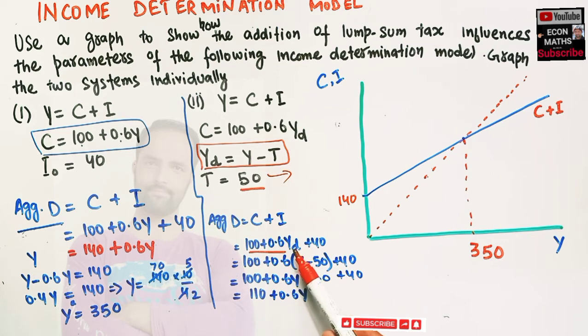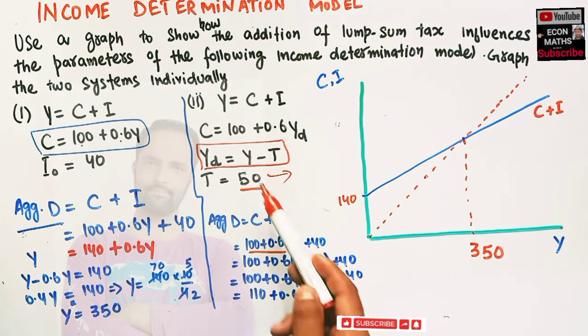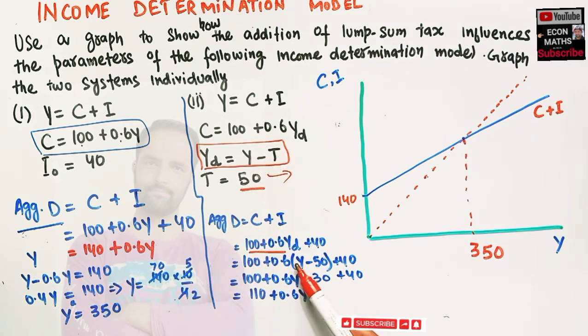So in place of Yd, we have written Y minus T. The value of T is 50, so 100 plus 0.6Y minus 0.6 into 50, which is 30, plus 40. So we have 140 minus 30, which comes out to be 110, plus 0.6Y.